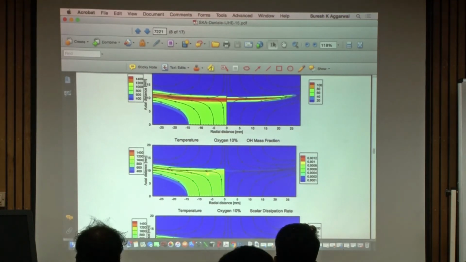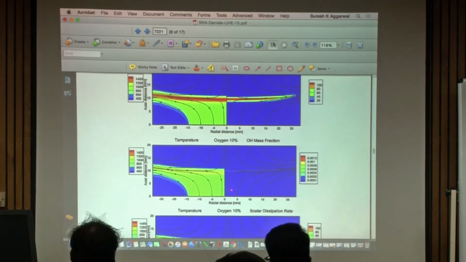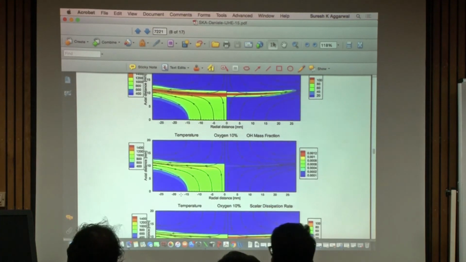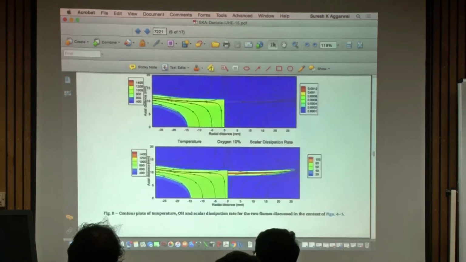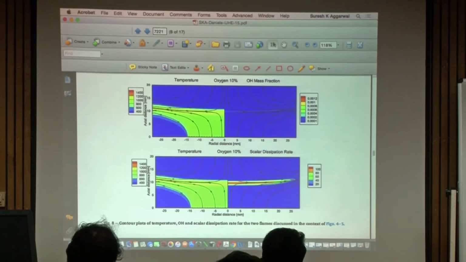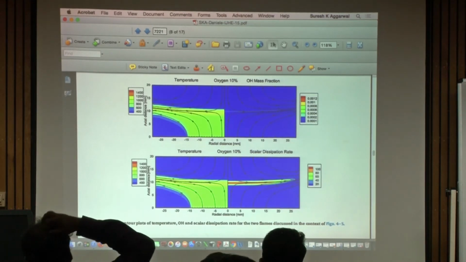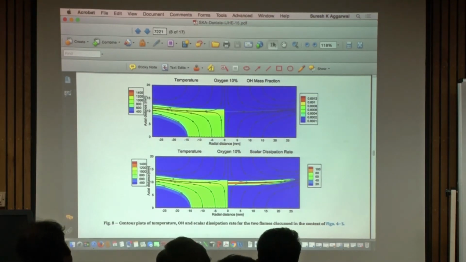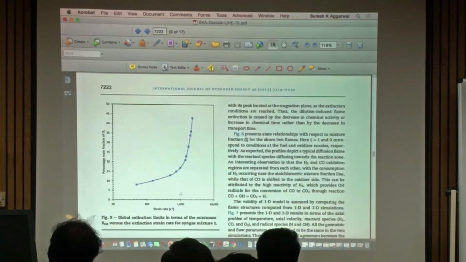You can see the temperature values are reduced. Here the temperature is about 1500, 1400. Here the temperature was 950. Now in the flame it's more like 1200. So at 10% you are getting a stable flame, but it's close to extinction.